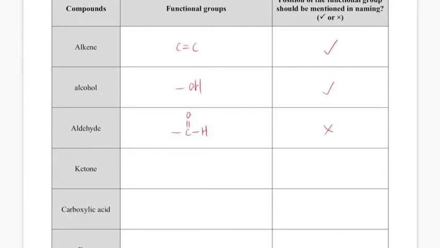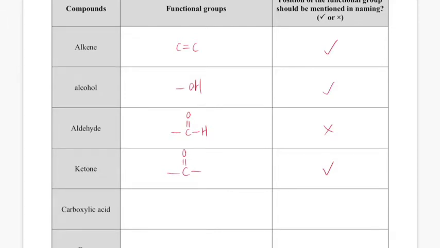However, on the other hand, we have ketone. Again, it has a C=O as a functional group, the carbonyl group, but this time it must be placed in the middle of the carbon chain, and the position can vary. So we need to specify the position of the C=O, the carbonyl group.